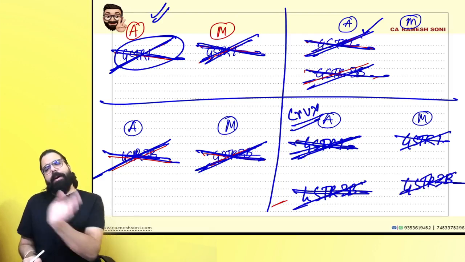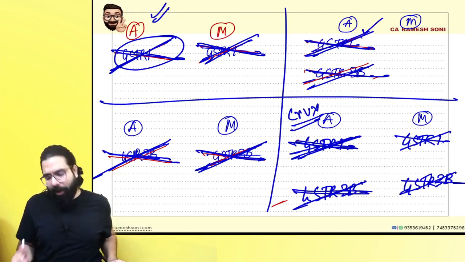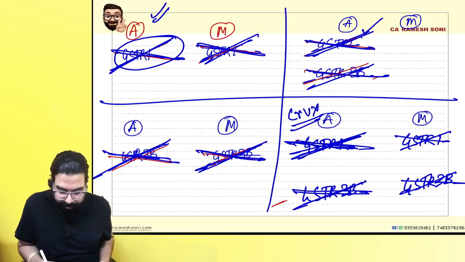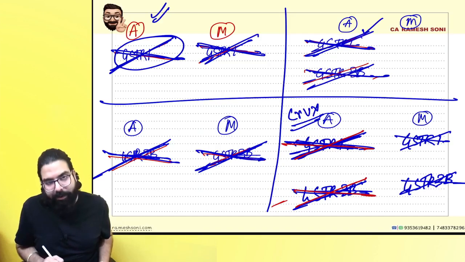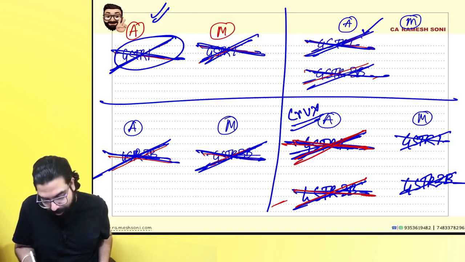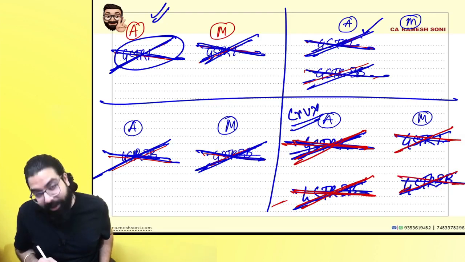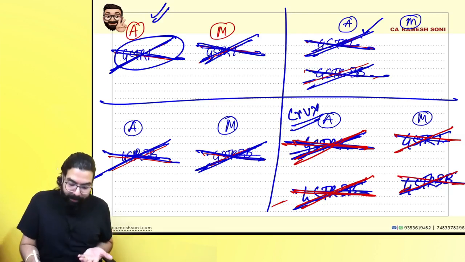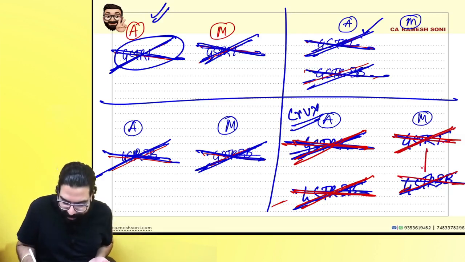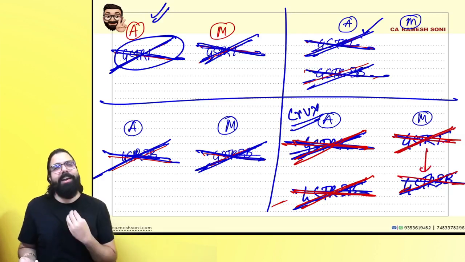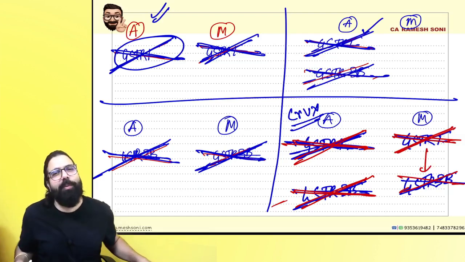Remember, previous dues are to be cleared first. Did not file GSTR 1, can't file GSTR 3B. Did not file GSTR 1, next GSTR 1 you can't file. Previous GSTR 3B not filed, next GSTR 3B you can't file. Next GSTR 1 not filed, next GSTR 3B also you can't file. So all are connected. Previous dues are to be cleared first.